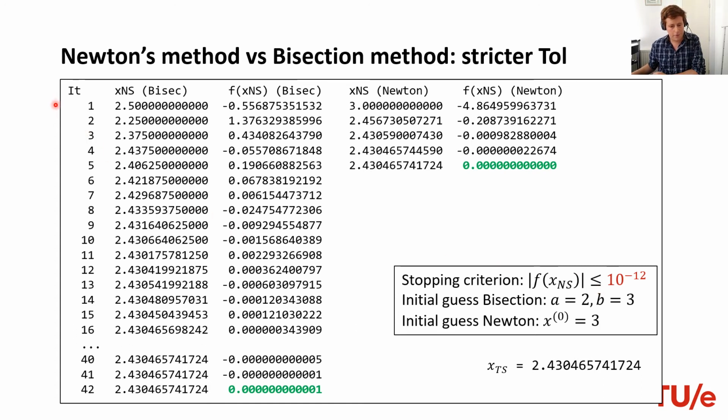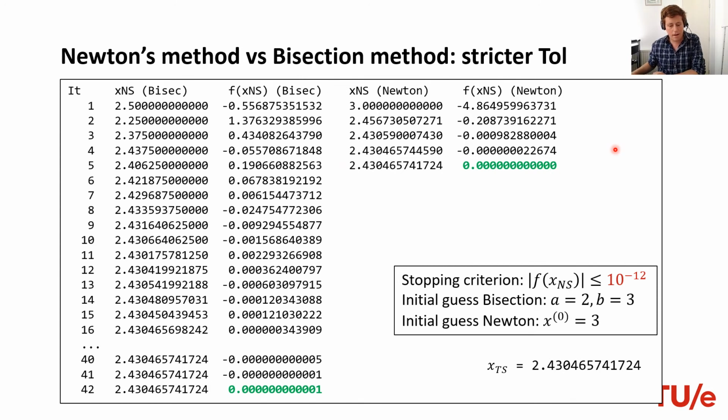The bisection method took us 42 iterations to get the function value smaller than our pre-specified tolerance, whereas Newton's method took only 5 iterations. That's more than 8 times fewer iterations than the bisection method.